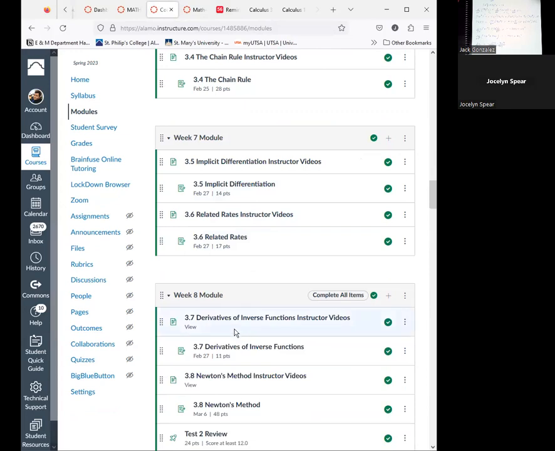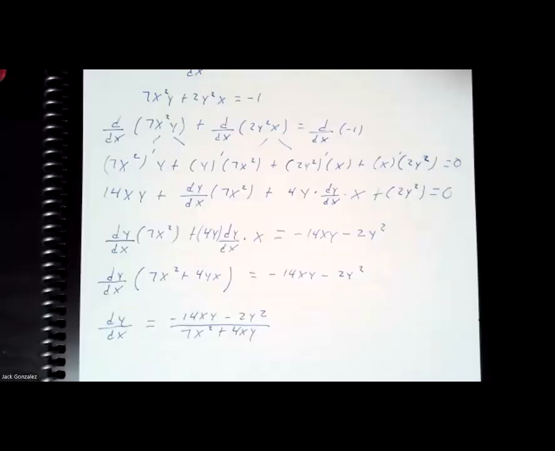So, okay. Say we do 3.6, or I think in the book it's different.